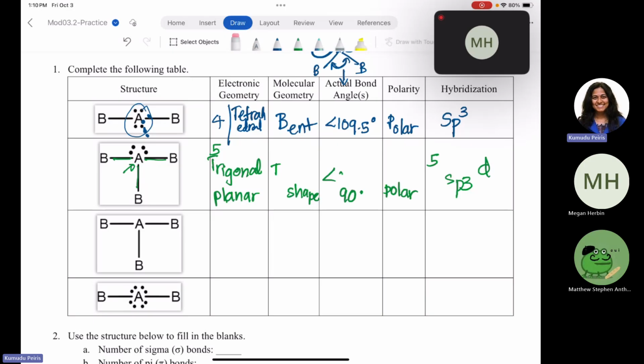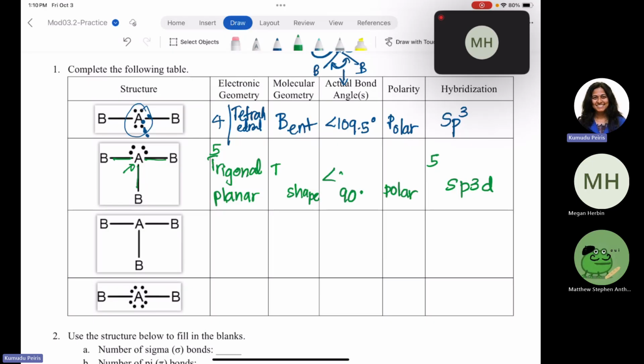Let me write it nicely. Right, sp3d. So one s, three p orbitals and d. You will see there are 5 mixed orbitals. So that is how we determine the hybridization at the level of GenChem 1.